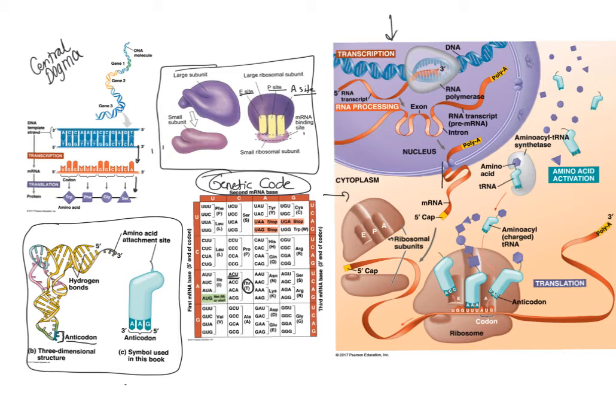A specific tRNA with an anticodon that corresponds with the codon on the mRNA. So this, for example, AUG, corresponds with the anticodon UAC, right? Because A pairs with U and G pairs with C. That particular tRNA is going to bring the amino acid that's needed.